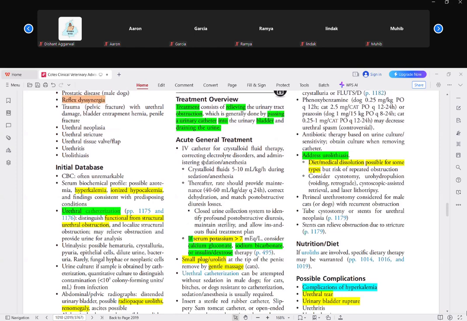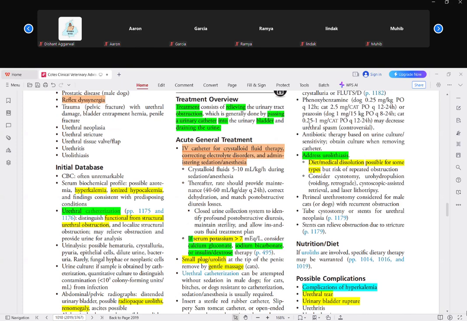The first thing you do in the acute treatment is the IV fluids. That's the most important thing. Give crystalloid fluids, 5 to 10 ml per kg per hour, with sedation and analgesia.